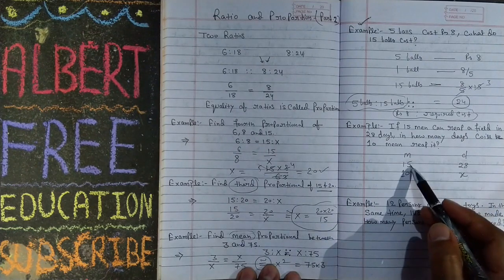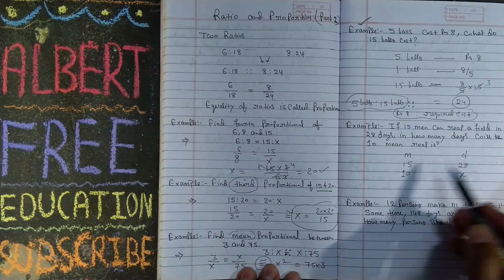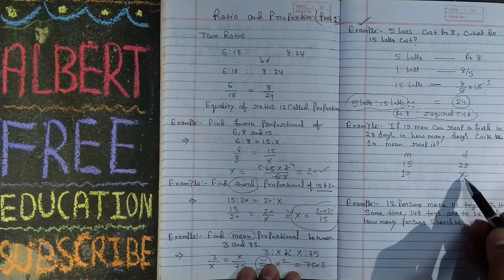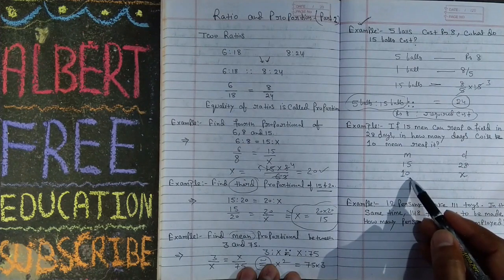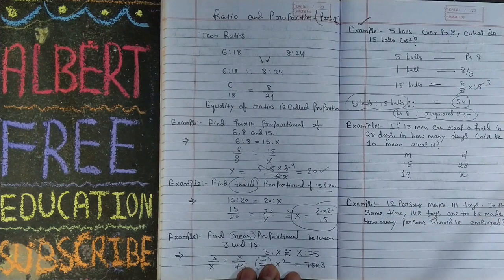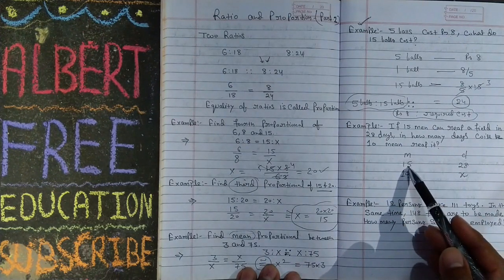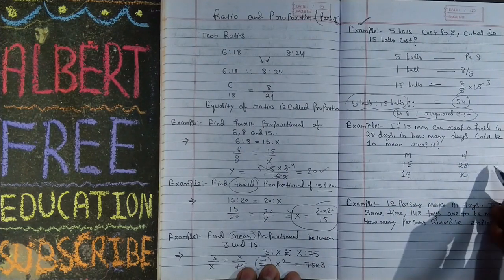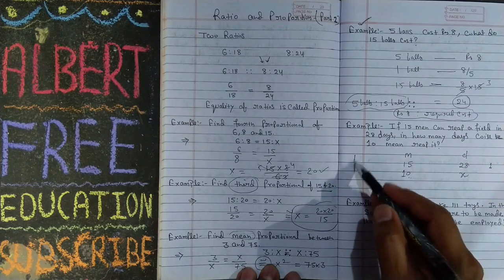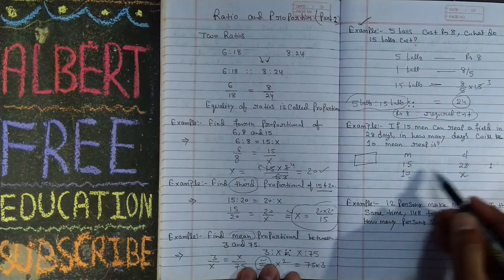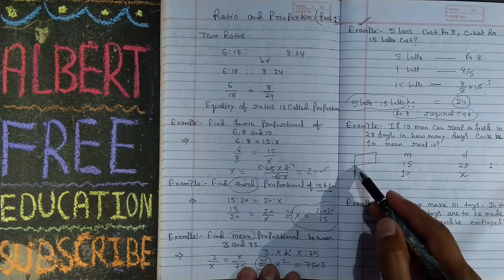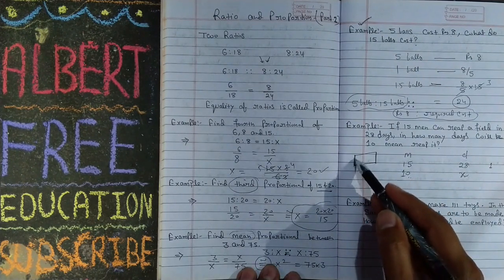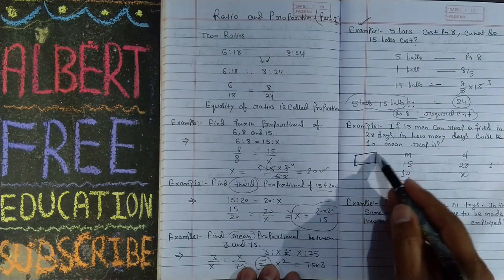Okay, 15 men, 28 days. If men are decreasing, then the days will increase. If 15 men are working and they take 28 days to complete a work, suppose there is a wall and you have to fence the wall.